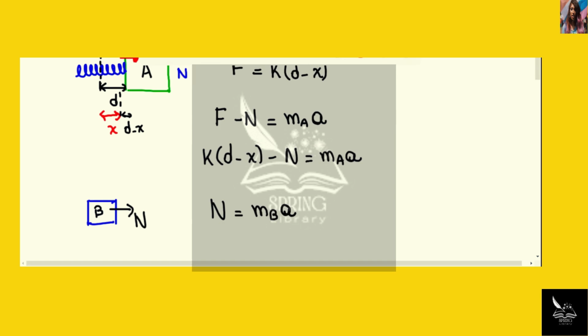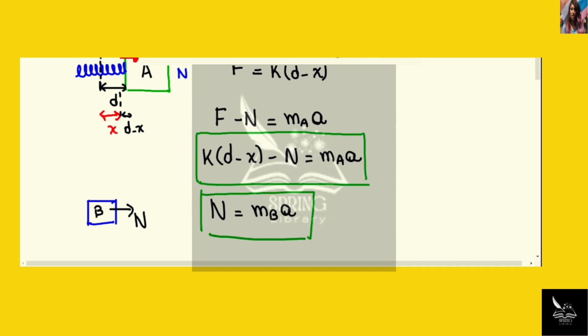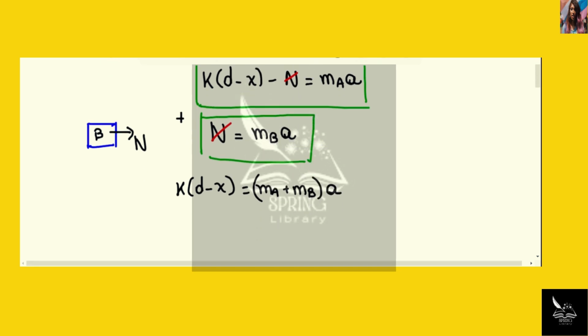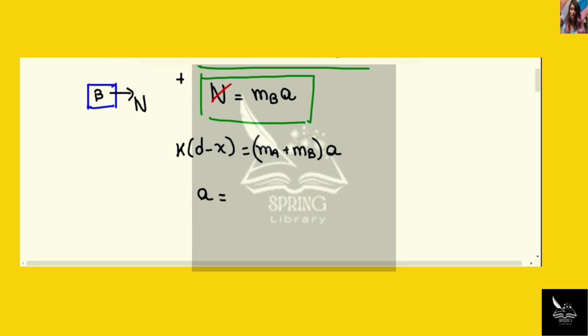I'm going to take these two equations and sum them. So we obtain K times D minus X, the N's cancel out, and this is equal to MA plus MB times the acceleration A. So the acceleration A is equal to K times D minus X divided by MA plus MB.